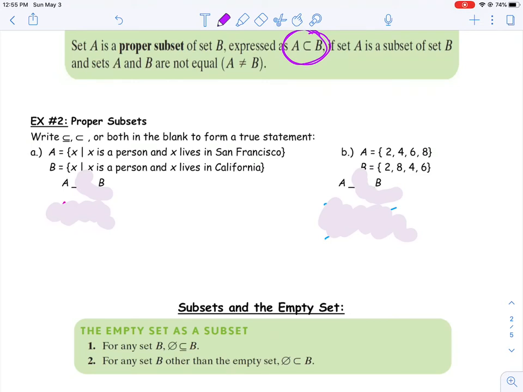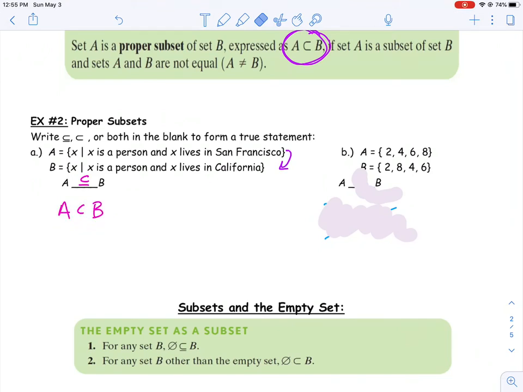Well, if you live in San Francisco, do you live in California? Sure, right? Because San Francisco is in California. So I would say that A is a subset of B, because everybody in San Francisco lives in California, all the elements of A are in B. Now, are they the same exact thing?